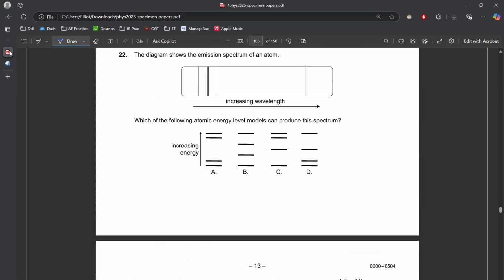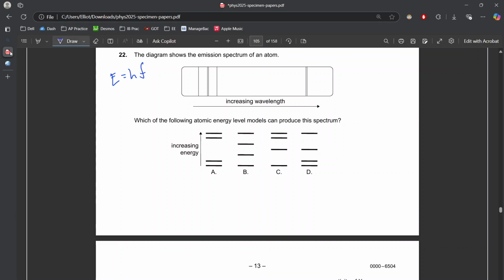Okay, emission spectrum of an atom. Man, this is E, and E is where I was slacking off. Alright, let's see if I can finish strong. Okay, increasing wavelength. Which wavelength can reduce the spectrum? I don't know the answer, so I'm going to try and use math to reason it out. So, you have E is equal to hf. Oh, that's not an f, that's a lambda.